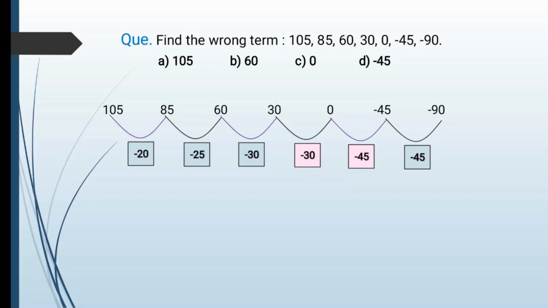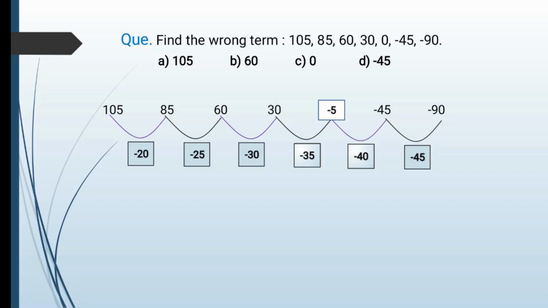If I want this term as minus 35, this term should have been, instead of 0, minus 5. And if this were minus 5, this minus 45 could have been minus 40. So in this case I am getting a correct sequence with a proper difference, that is minus 20, 25, 30, 35, 40 and 45.